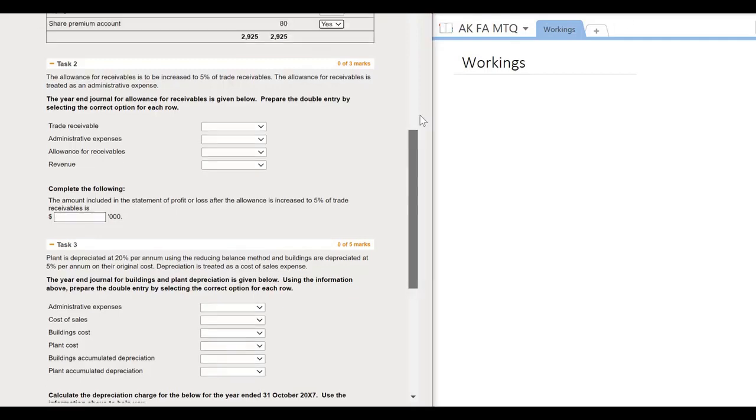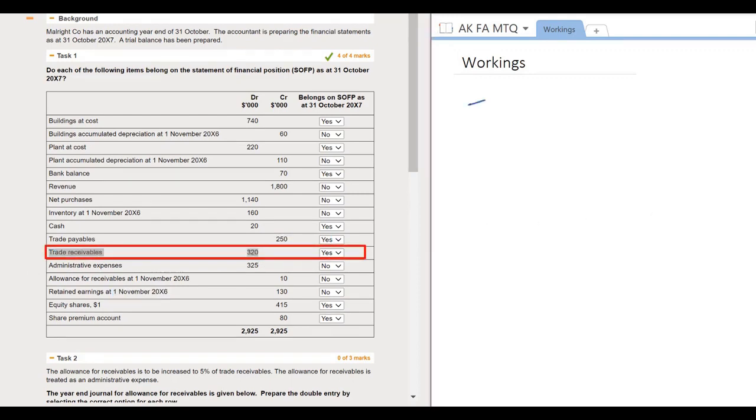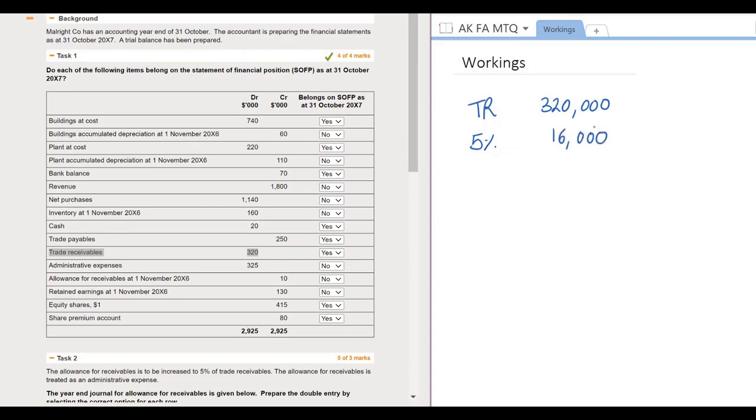Well, we know by looking at the trial balance that the trade receivables at year end amounts to 320,000. So if we start with trade receivables of 320,000, we can take 5% of that to give us the balance of the allowance for receivables at year end, and 5% of this amounts to 16,000.